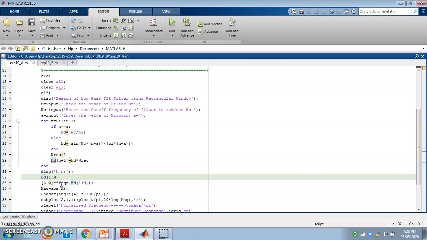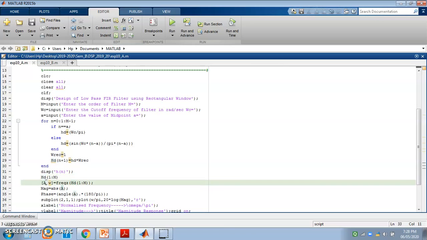So by using the freqz command in MATLAB, we have the frequency response for variable A with respect to frequency omega, in this case W is equal to freqz of the desired impulse response values.